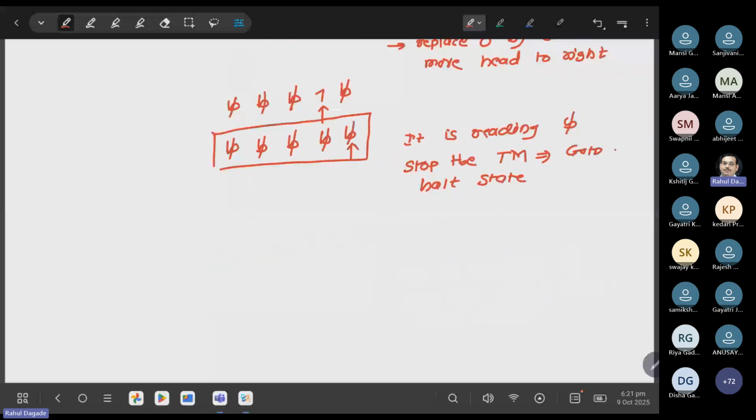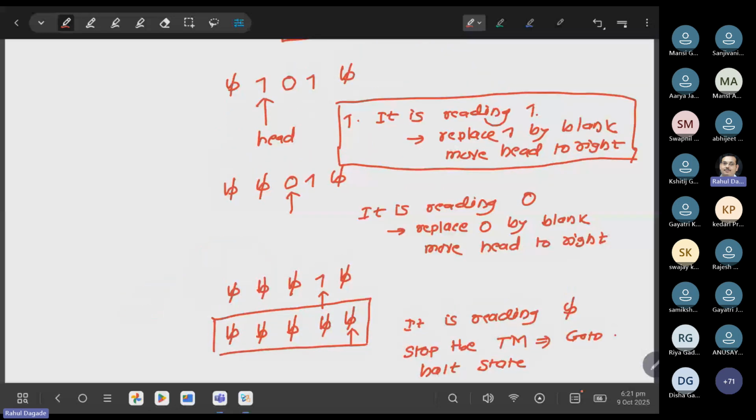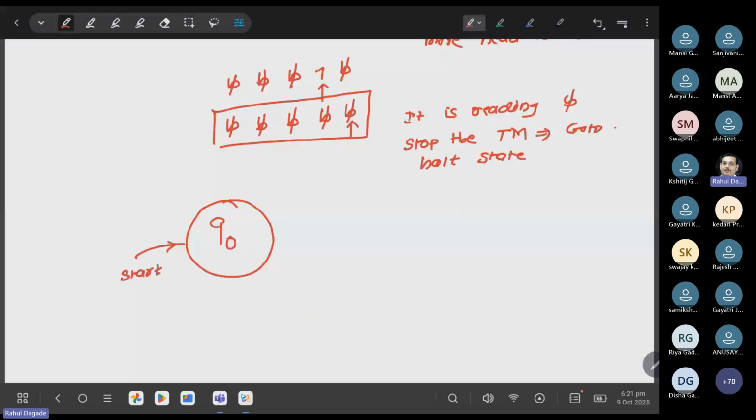So now how to represent this with the diagram? Now, it is an initial state Q0. It's a start state. Okay, so what are we doing? When 1 is an input, then convert that into blank and then move the head to the right. So how is it written?